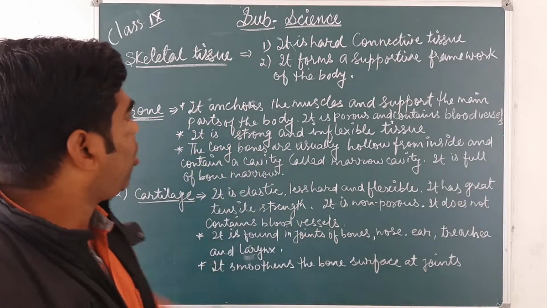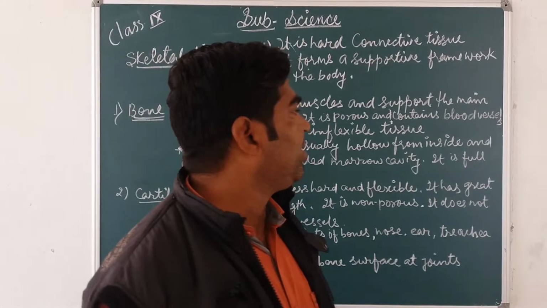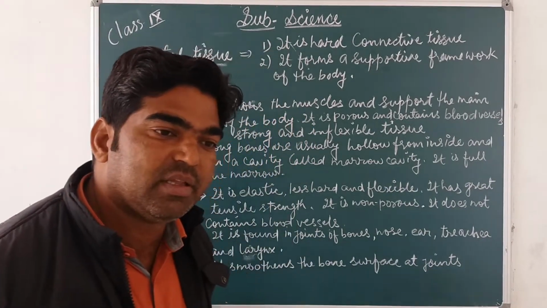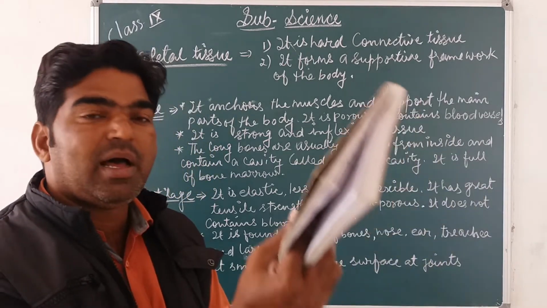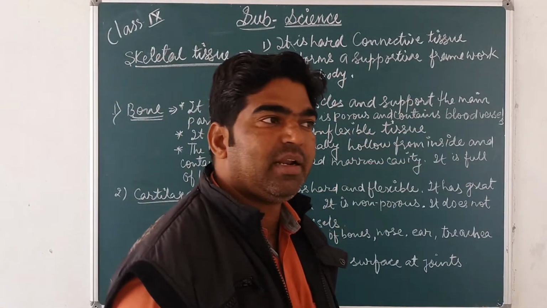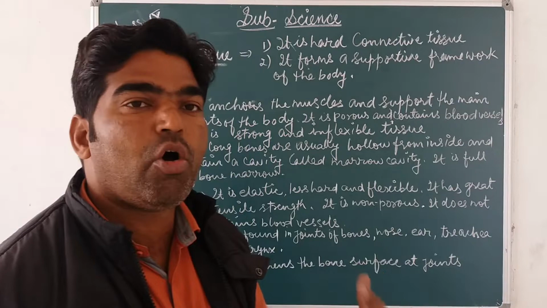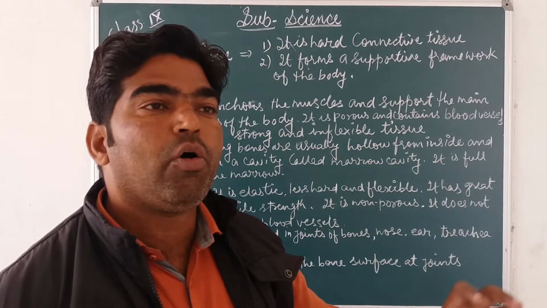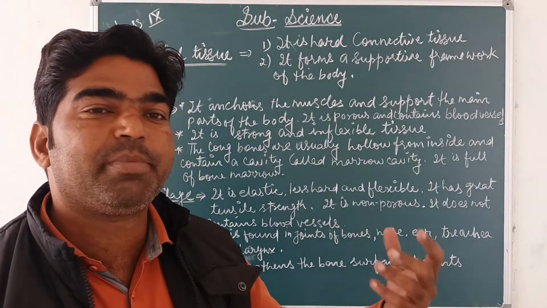Next, the long bones are usually hollow from inside. As you see, the thigh bone, the arm and leg bones, these long bones are hollow from inside and have a cavity.